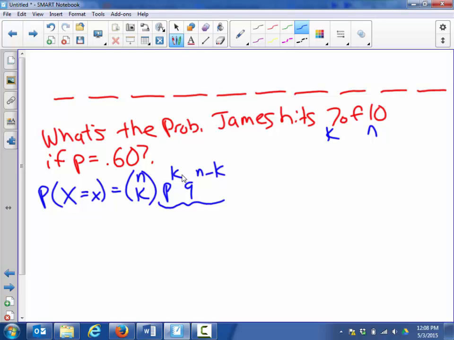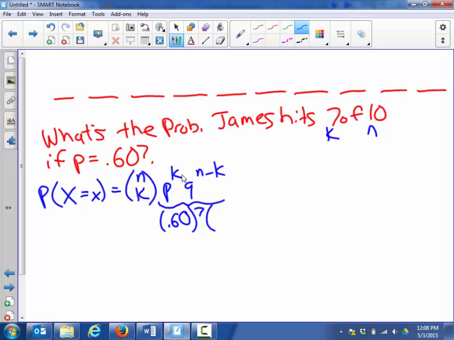Well, this chunk should be relatively intuitive. If we want to know the probability that LeBron James hits 7 free throws out of 10, we should say, well, we know that we're going to have to take 0.60 to the 7th power, okay?